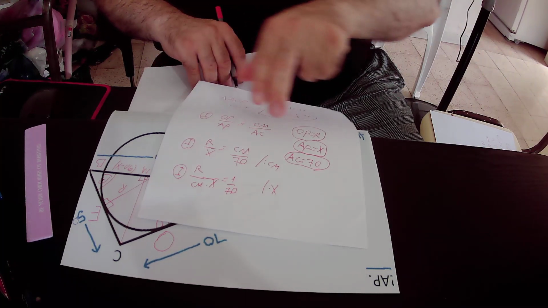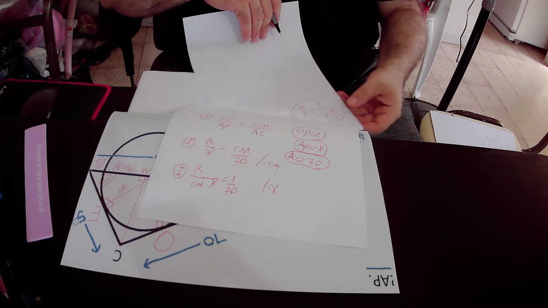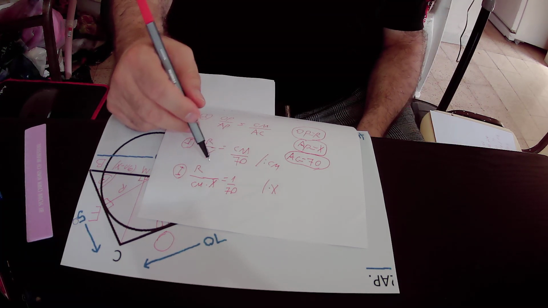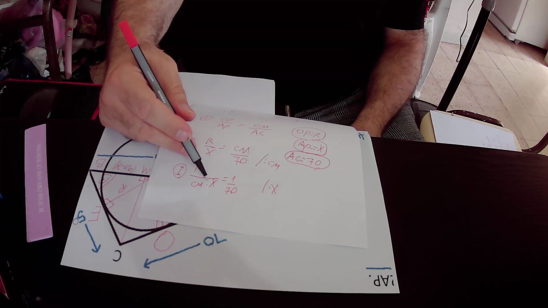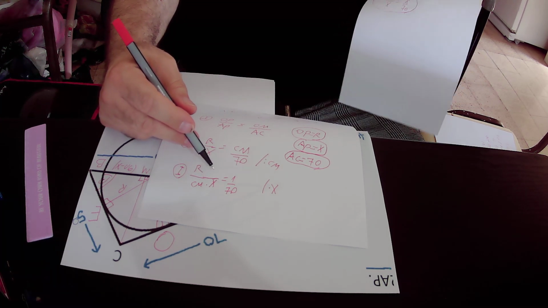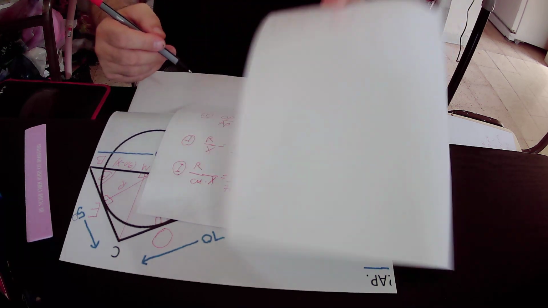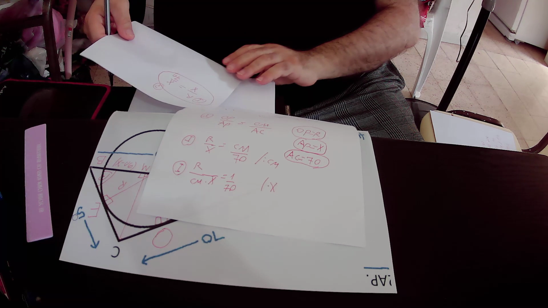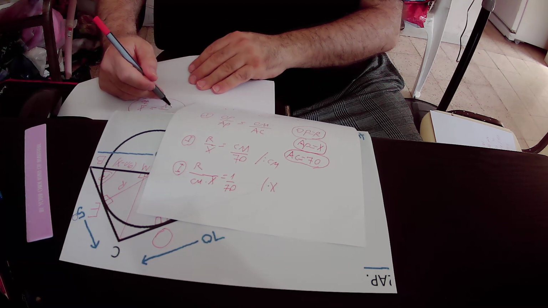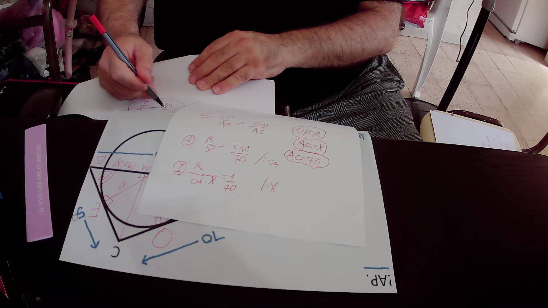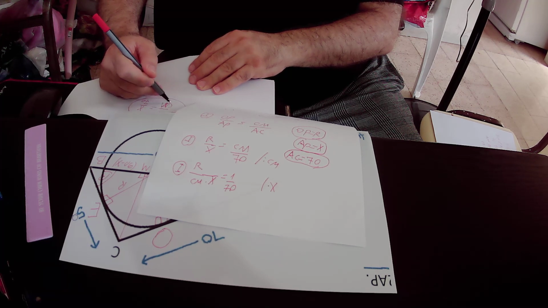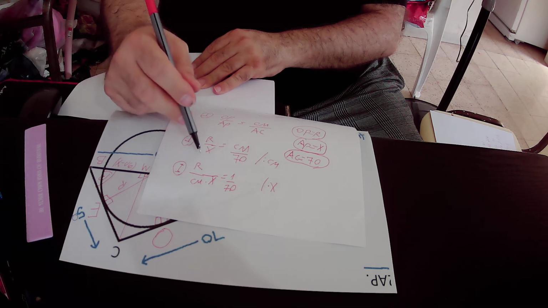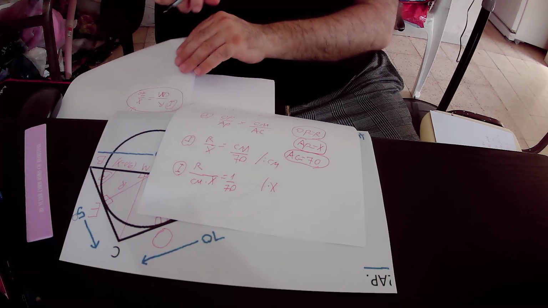So we multiplied the equation by x. Here x divided by x equals 1. So we are left only with r over cm on this side of the equation.